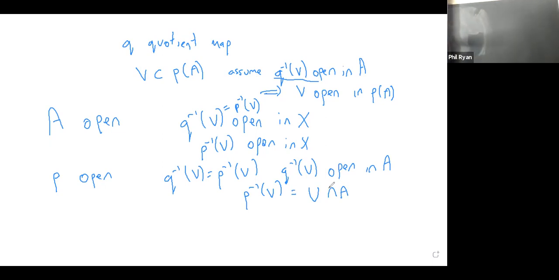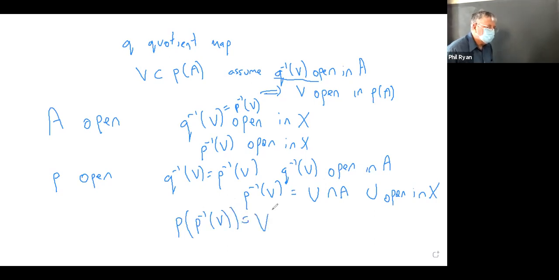Well, it means that it's the intersection of an open set with that subspace A, where U is some open set in X. But P of P inverse of V equals V, because P is surjective.